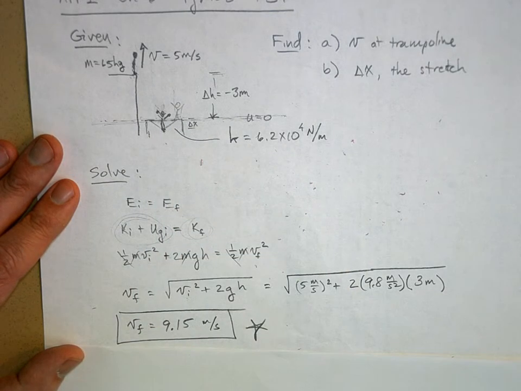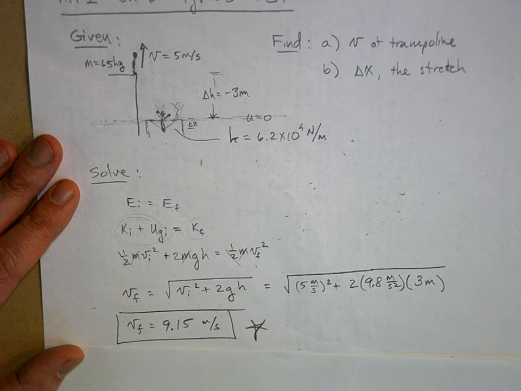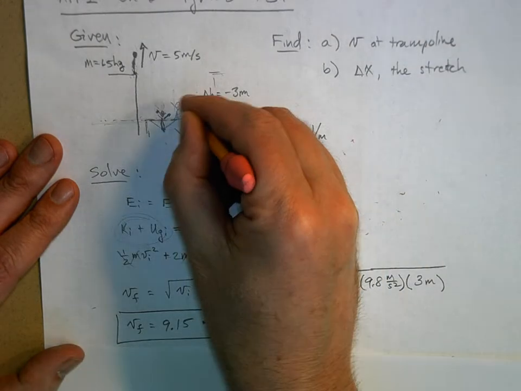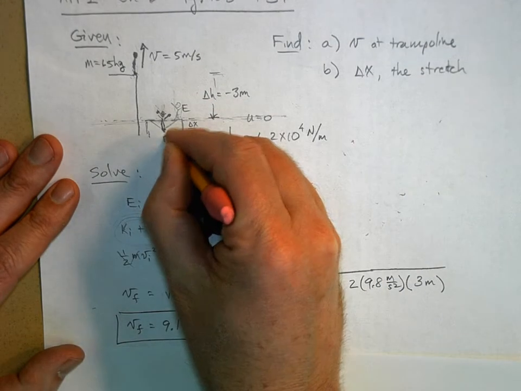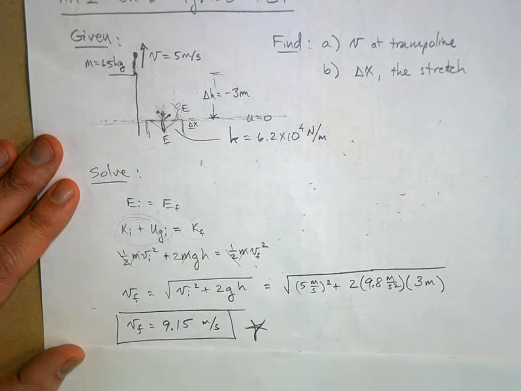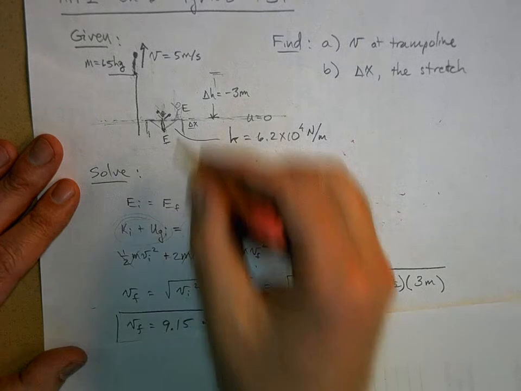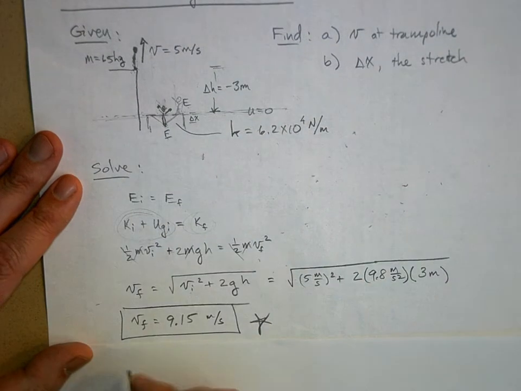We could do it that way, or I could say the energy here equals the energy here. Maybe I'll do it that way. So I'm going to say the energy initial equals energy final.